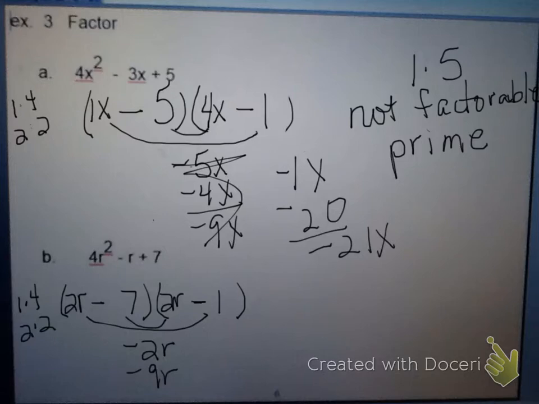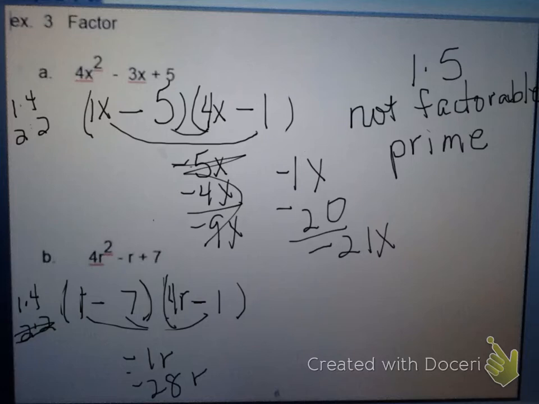If I switch the 1 and the 7 around, it doesn't really matter because the factors are the same, so I need to try the 1 and the 4. My outside is a negative 1r and a negative 28r. That's a negative 29r. That's not going to work. So I'm going to switch the 7 and the 1 around.